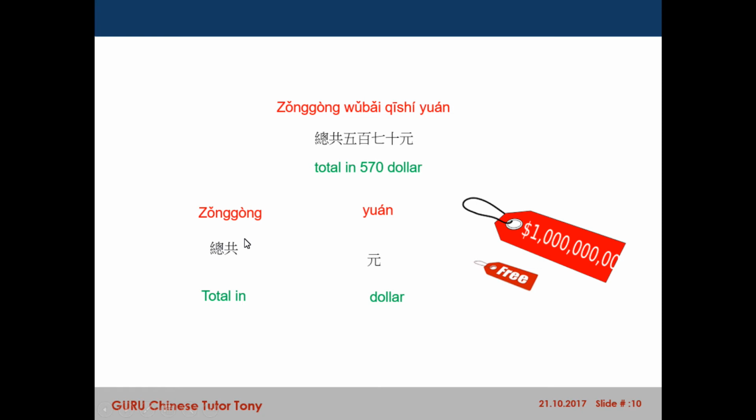Okay, 总共, total. 元 means dollar. So 总共570元, total in $570. Here the numbers come again, so please try to memorize the numbers from 0 to 10 at least. That is your homework this time. Let's repeat: 总共570元, total in $570.